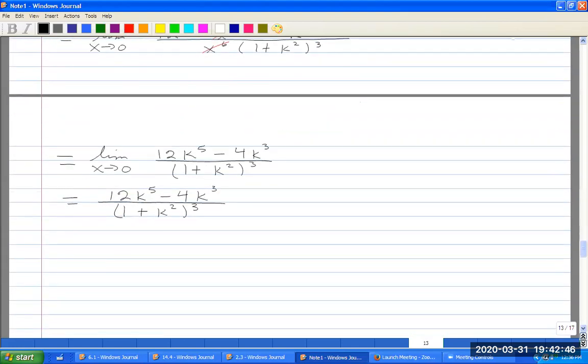And so this has differing values depending on what k is. And so this says that this limit doesn't exist.